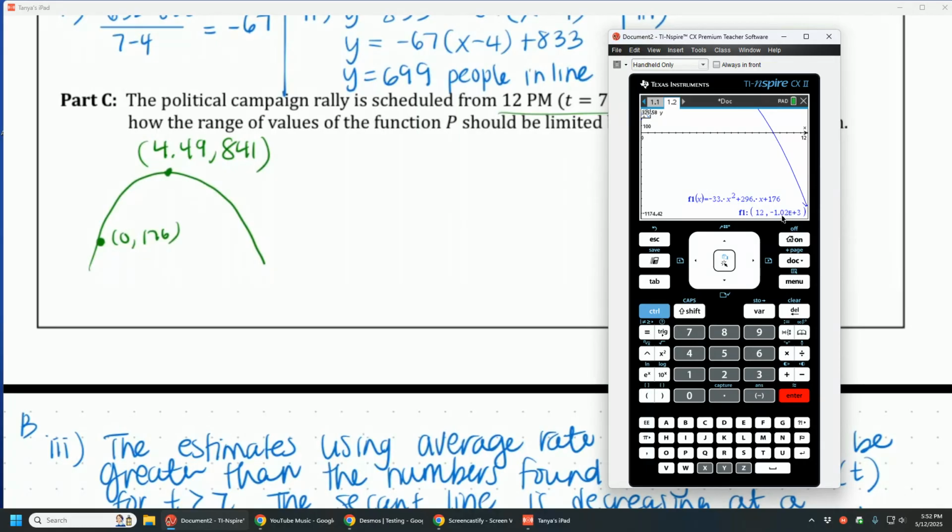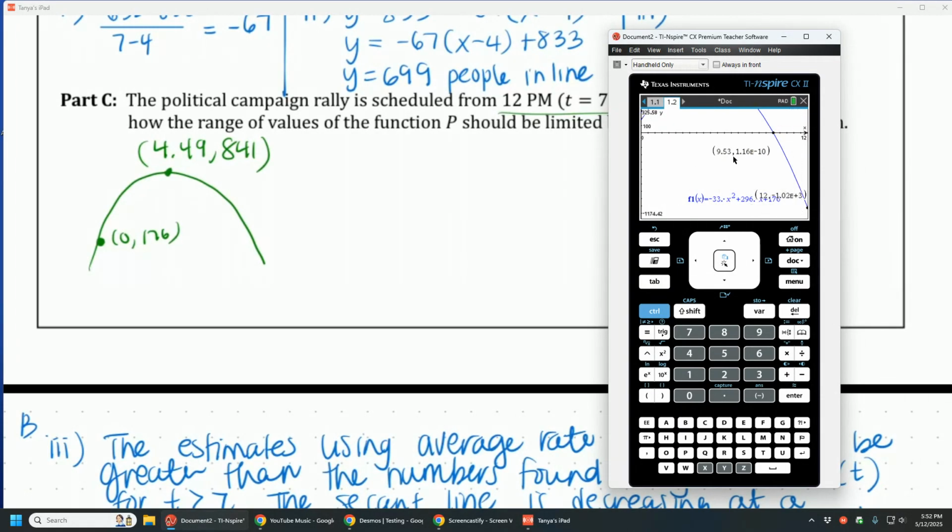So this right here is basically 0. It would be nice to know what that x-intercept is right there. So let's find out.